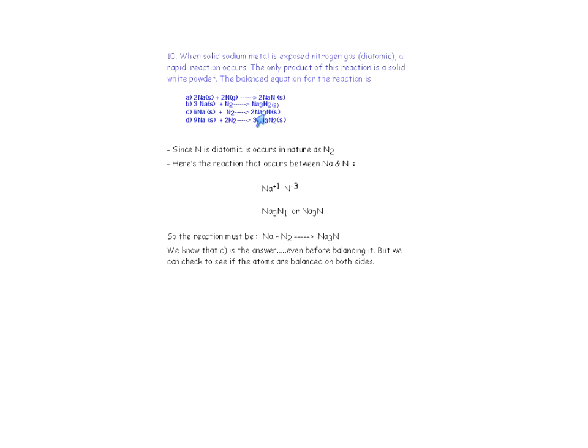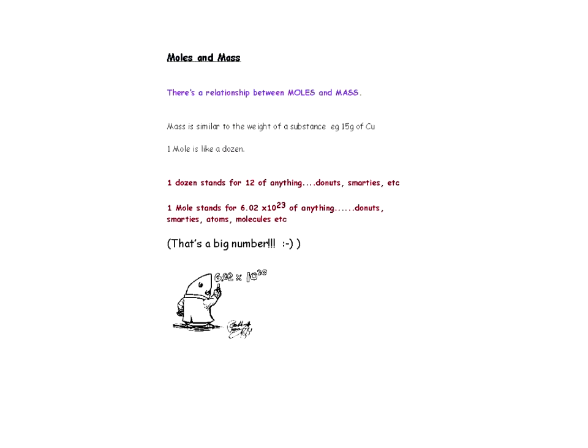So everything balances out. Okay, so again, we didn't need to know the balancing part of it, but we can check that later on, and it's good to know. Because if you do have any questions on balancing, that's one way you can check to see if the number of atoms are the same on both sides.